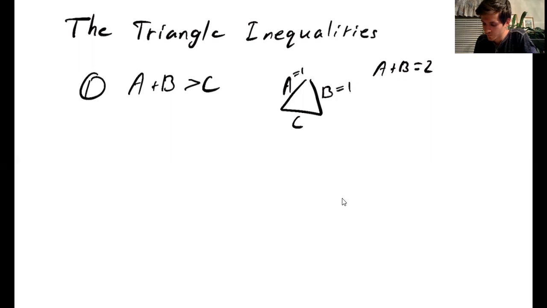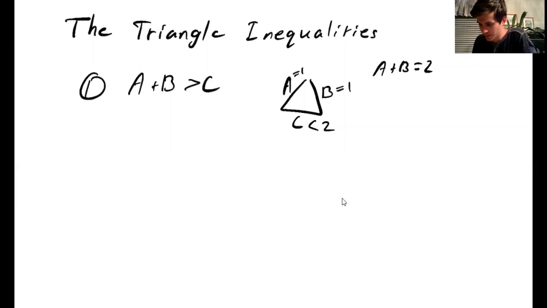And there's no way for C, being a straight line, to ever be greater than 2. So C has to be less than 2, based on A equaling 1 and B equaling 1.